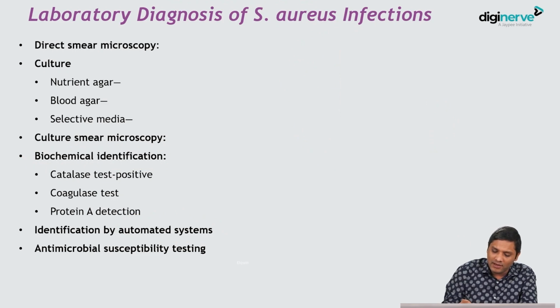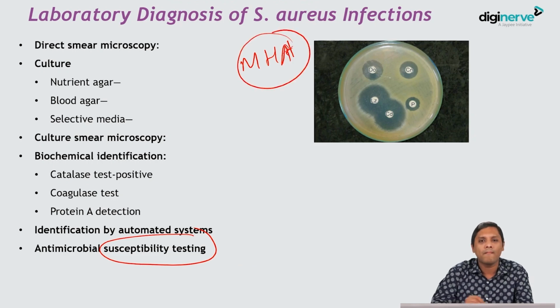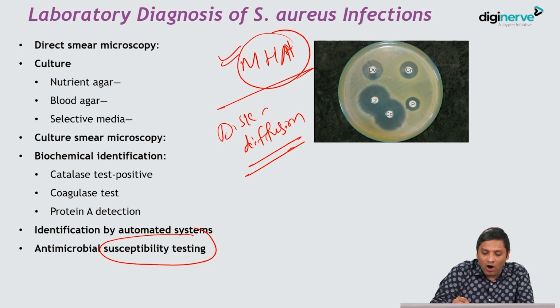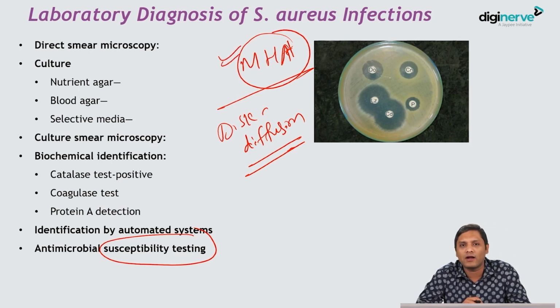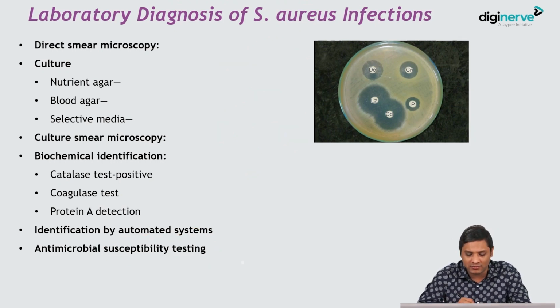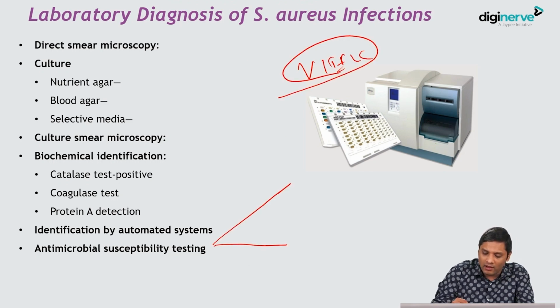Then you can perform antimicrobial susceptibility testing. It is performed on a special medium called Mueller-Hinton agar by using the disc diffusion test. So the disc diffusion test can be performed on Mueller-Hinton agar for antibiotic susceptibility testing. This is the conventional method.